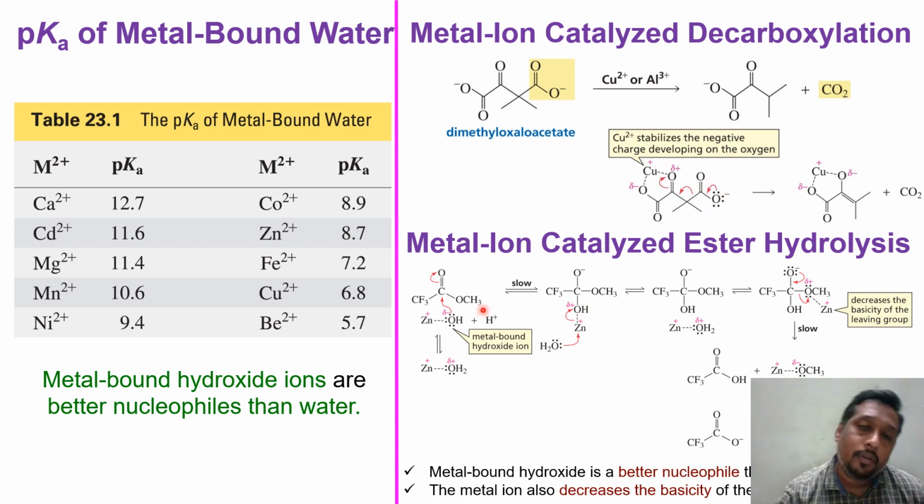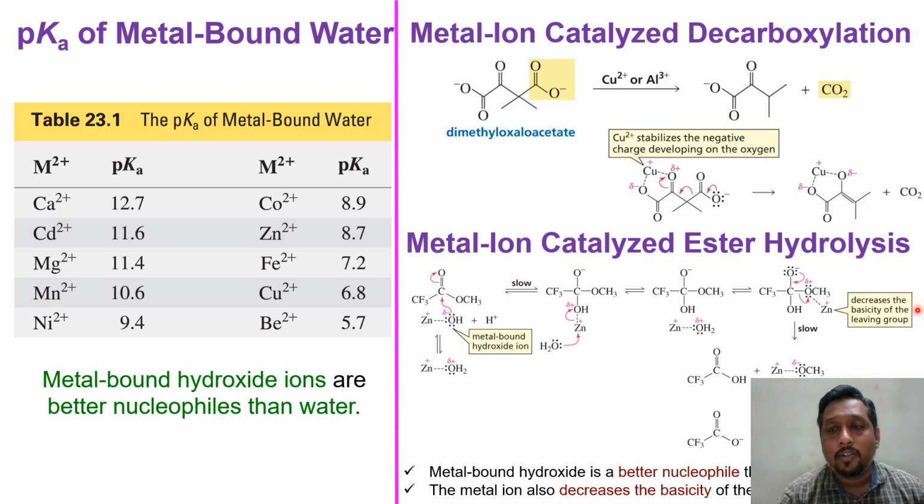Another example here is metal-ion catalyzed hydrolysis of an ester. Here the reagent used is zinc and water. The zinc will coordinate with water to form zinc bound water, which will be in equilibrium with zinc bound hydroxide. That makes water a better nucleophile to attack this carbonyl carbon of the ester to increase the rate of the first slow step to form a tetrahedral intermediate.